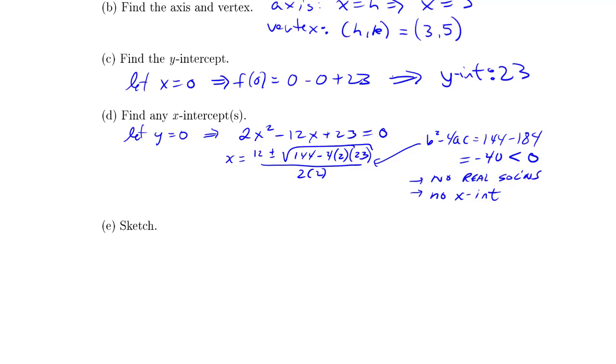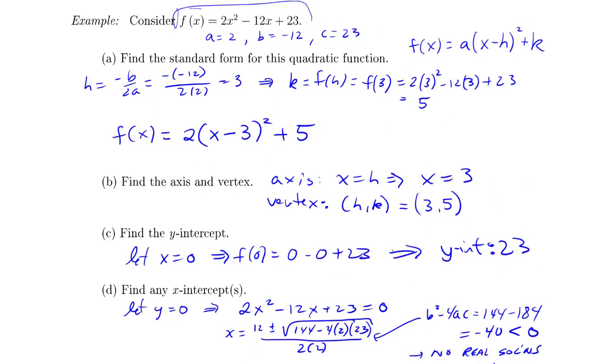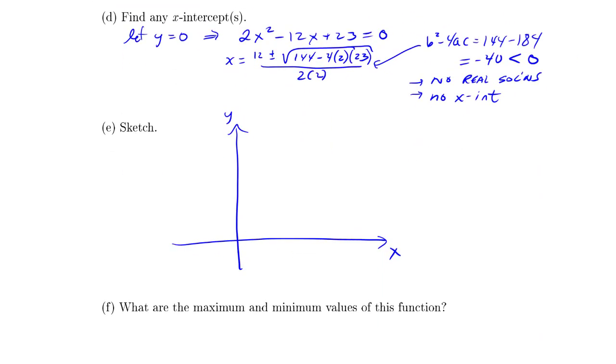Now I should be able to pretty easily sketch this with the information I have. And I don't need a great sketch, I just need something that has the information captured in it. Okay, so on this x and y, we found that our all-important vertex above was (3, 5). So 1, 2, 3, let's go 1, 2, 3, 4, 5.